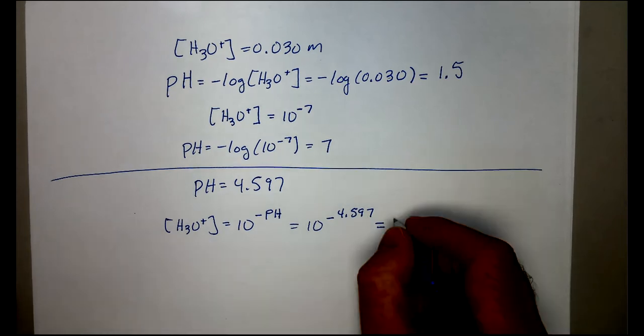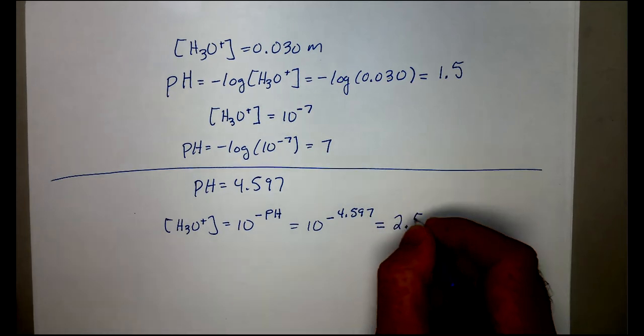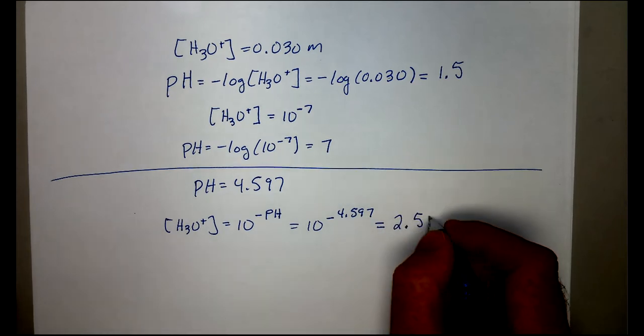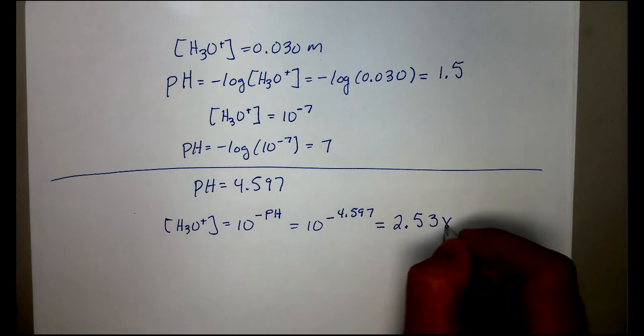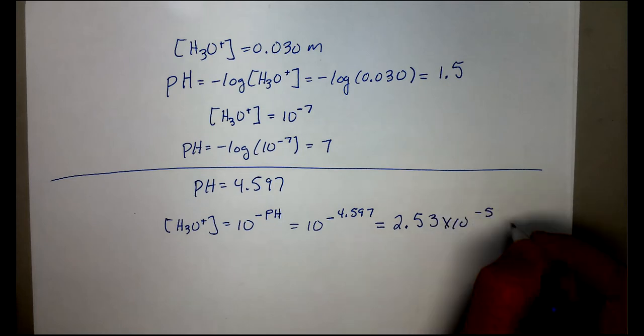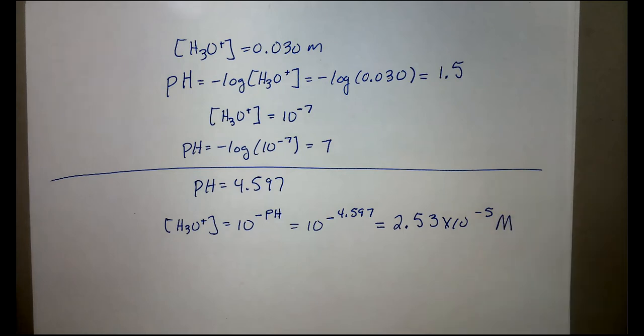We're going to say 2.53 times 10 to the negative 5th. And that's a molarity. Even though pH tends to be presented without units, we need to put the unit back on it when we get to the concentration.